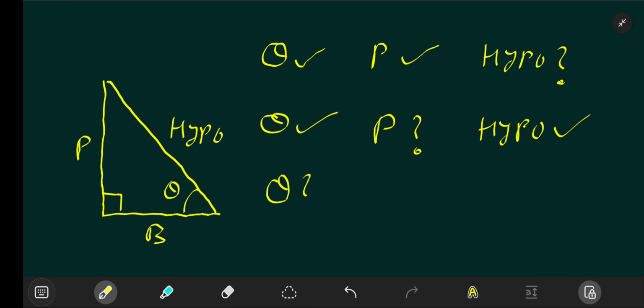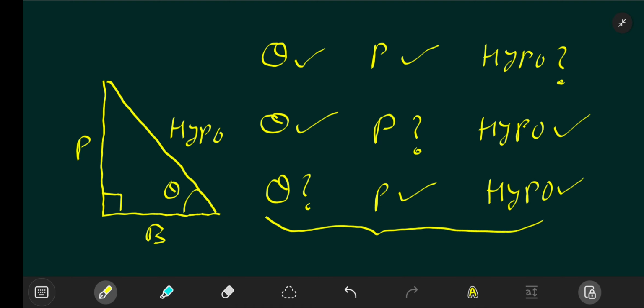If theta is asked, the perpendicular side is given, and the hypotenuse is also given. In these three conditions, sin theta, that is perpendicular side by hypotenuse, will be applied. This is the first condition.